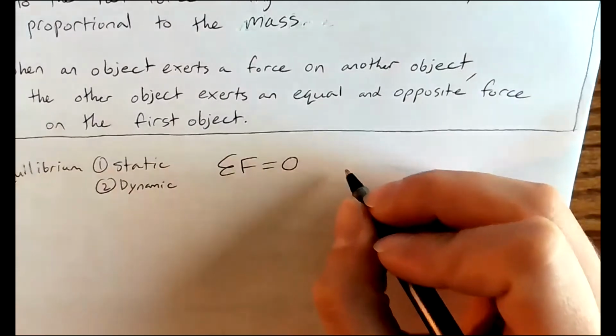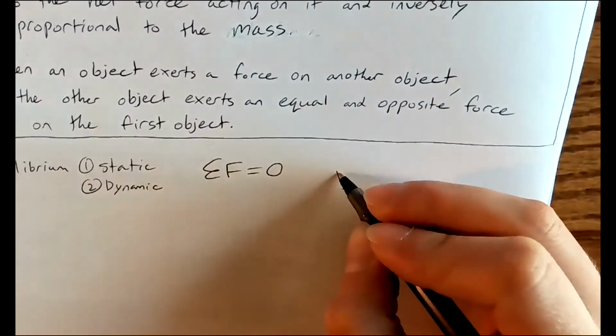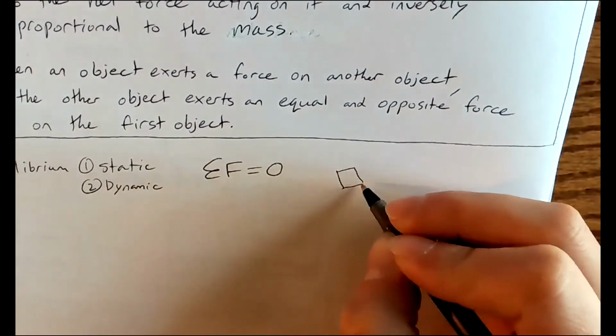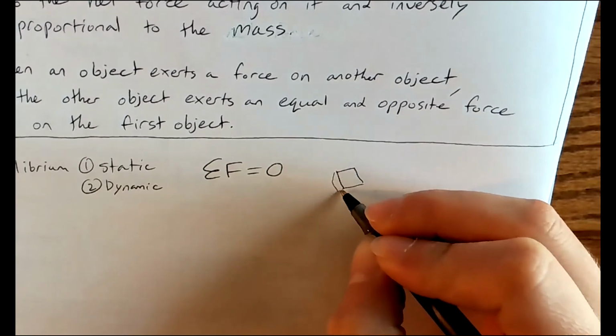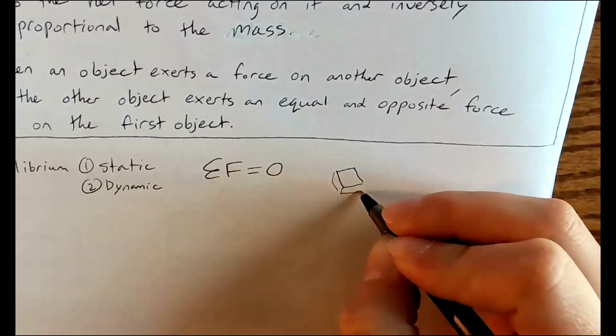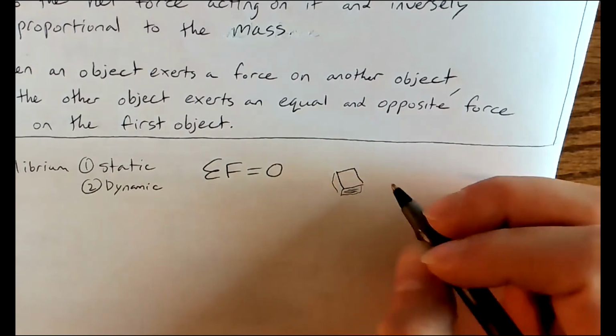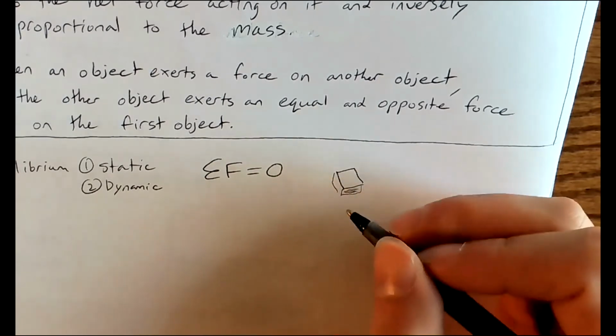So a book in static equilibrium, well, that's a book. Say it's on the table.